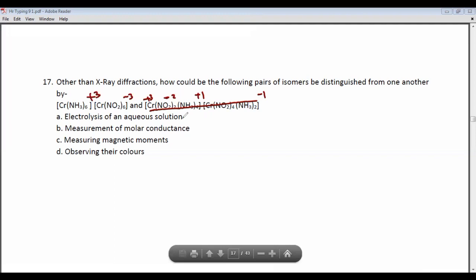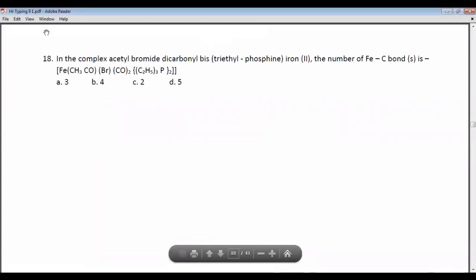Charges, right? Two species with a difference in charge can be distinguished by measuring their molar conductance. One with a greater charge has greater molar conductance. So the choice will be B. Ready? Next question.